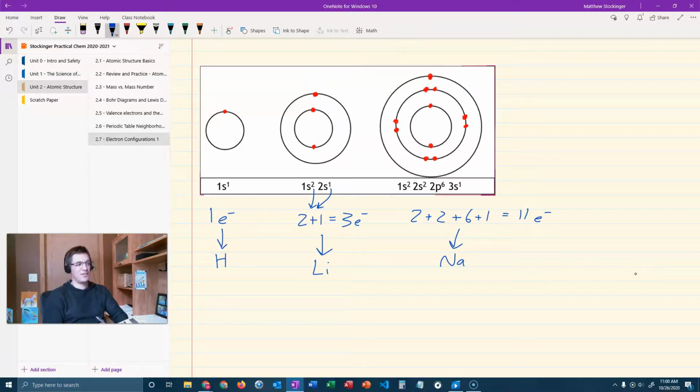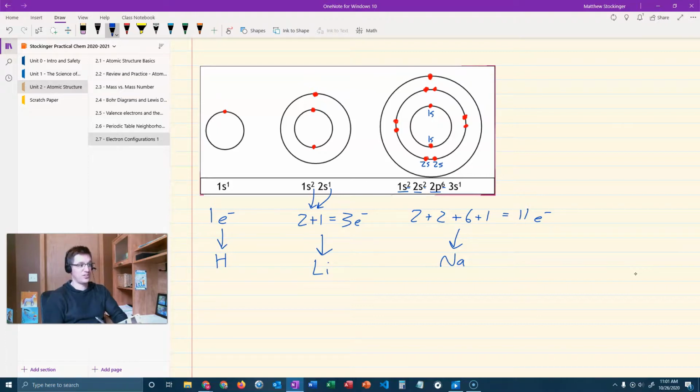This says, in the 1s subshell, I have 2 electrons. Here they are, 1s, 1s. In the 2s subshell, I have 2 electrons. 2s is the second energy level. So here's a 2s, here's a 2s. In the 2p subshell, there are 6 electrons.